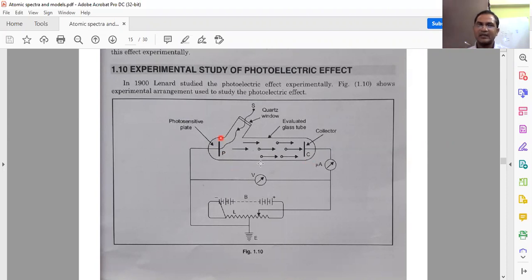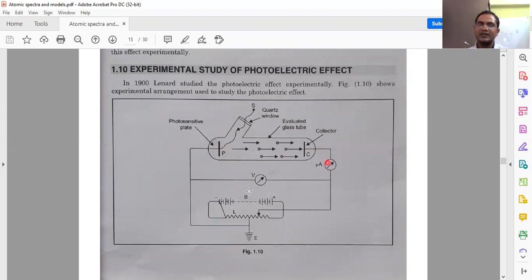Between the cathode and collector there is a voltmeter connected in parallel. What is the purpose of the voltmeter? It measures the potential difference between these two electrodes. What is the use of the microammeter? It measures the photocurrent, which is constituted by the photoelectrons.